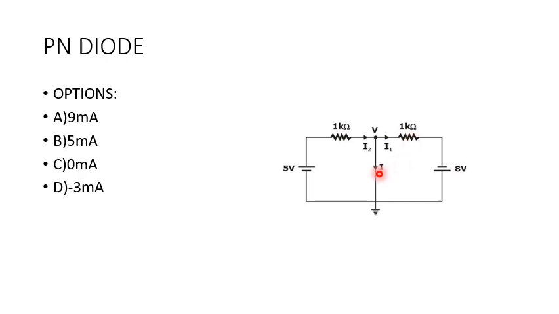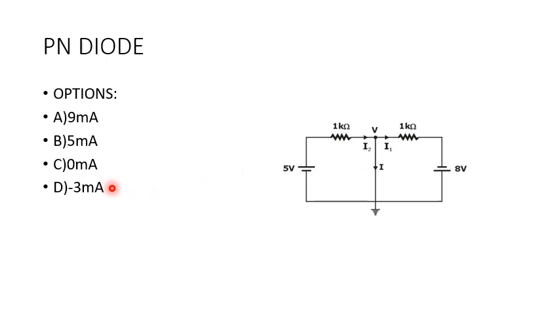Now what is your I? Apply KCL here. I2 is equal to I plus I1, so I is equal to I2 minus I1, which is 5 milliamps minus 8 milliamps, giving minus 3 milliamps.